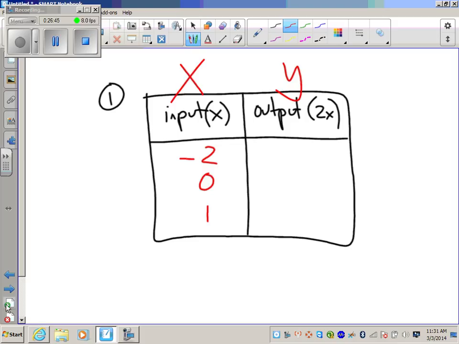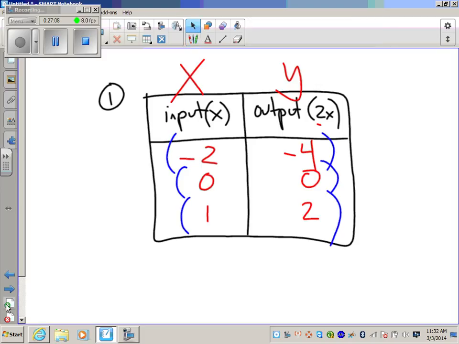So when they only give you 3 points, you're going to plug in here. Multiply this times what? 2. So negative 2 times 2 is, right, negative 4. 0 times 2. And 1 times 2. So these here are the coordinates that you're going to use on the chart that they give you. Okay?